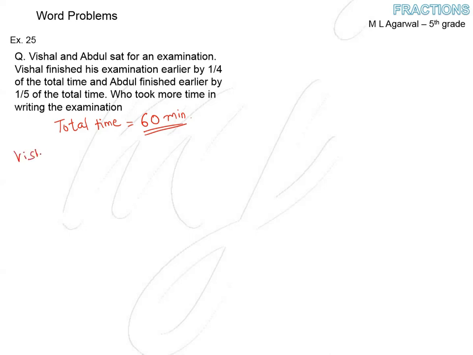Vishal sat and Abdul sat. Okay, now they are saying 1/4 of the total time. Vishal finished his exam by 1/4 of the total time. So I will write 1/4 of total time. That is what is given. And Abdul finished earlier by 1/5 of the total time. 1/5 of total time.